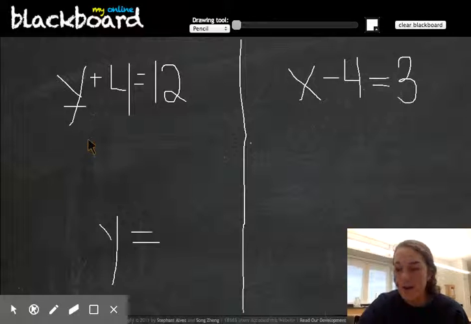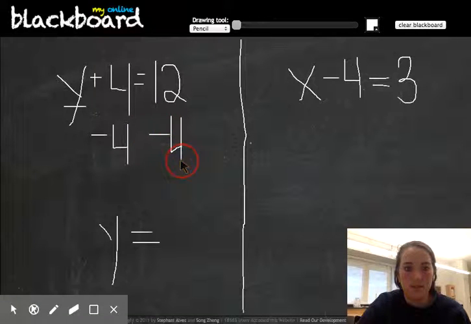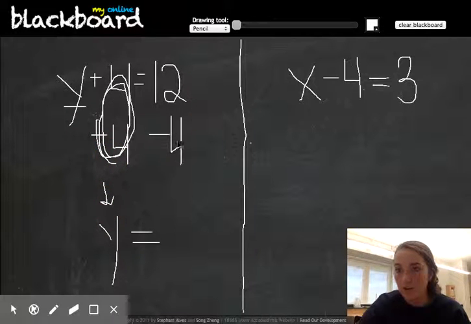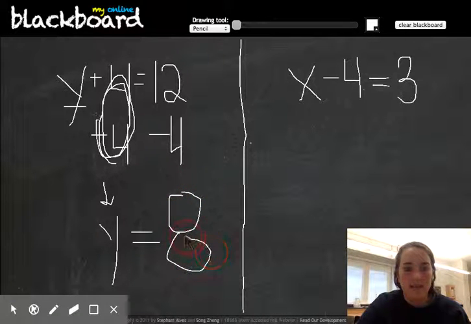How do I undo plus 4? I can subtract 4 on both sides of the equation. This will make this become 0, and y plus 0 is just y. So now I have 12 minus 4. What's 12 minus 4? 12 minus 4 is 8, so y equals 8.